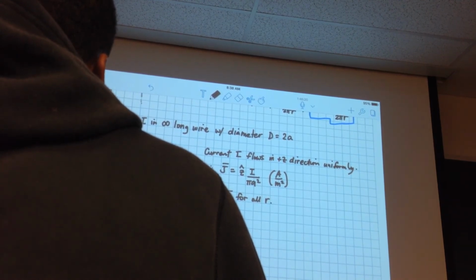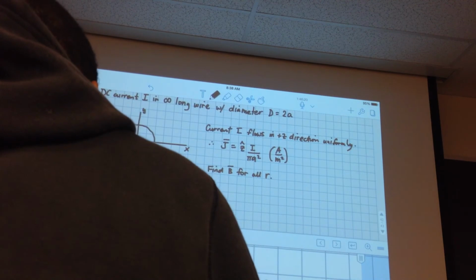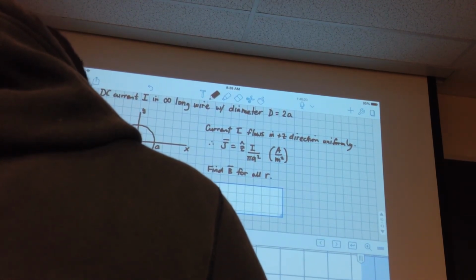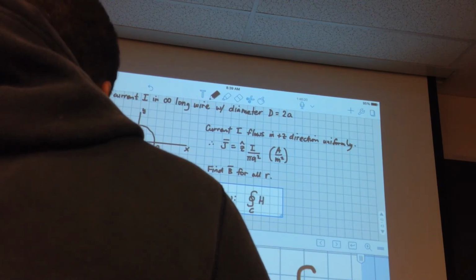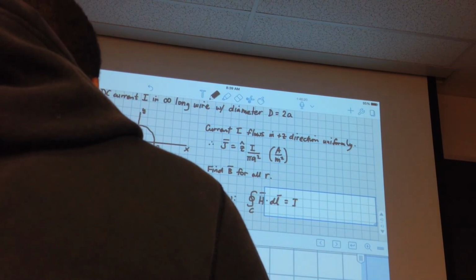So we can apply Ampere's law using symmetry. The integral over the contour C of H dot dl is equal to the currents.